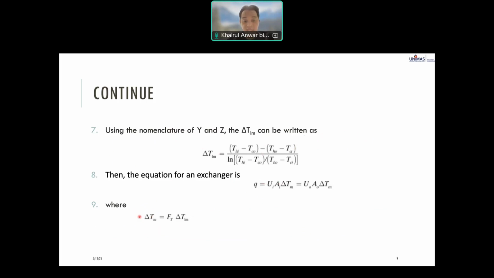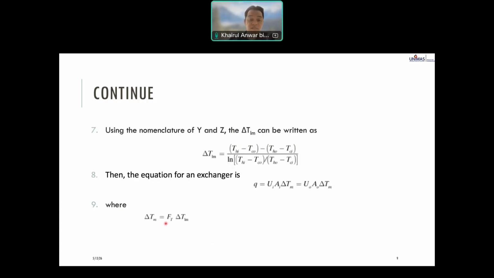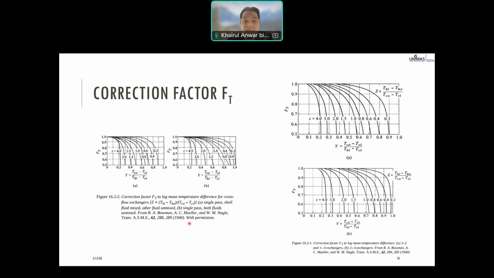So delta TM is the correct mean temperature drop, equal to the correction factor times the log mean temperature difference.